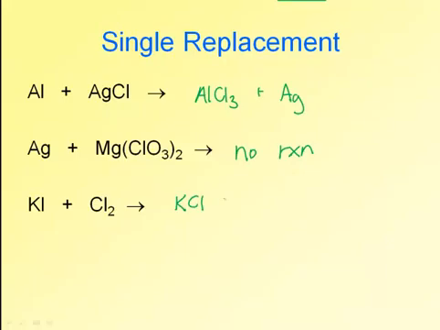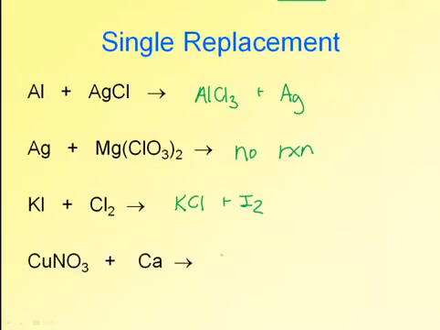KCl and I2. Why does iodine have a subscript of 2 now? It's because it's one of the 7 elements that occurs naturally as a diatomic molecule. Make sure you have those 7 memorized and in your head.